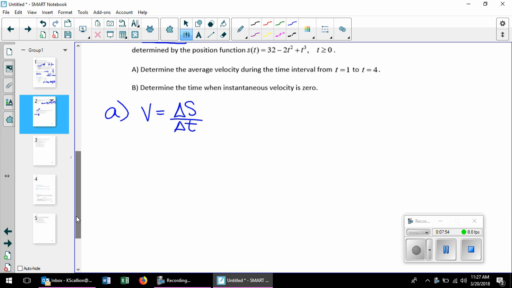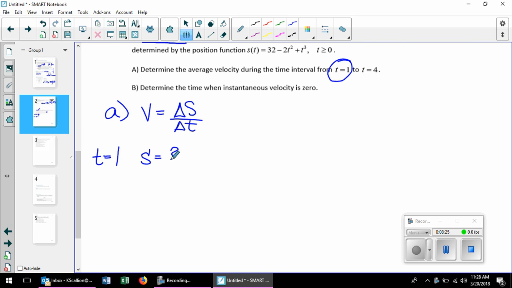All right, so again, we're in the original function. I need to do some math first, though. It's giving me an interval. If T is 1, what's S? 31 is the correct answer, FYI.